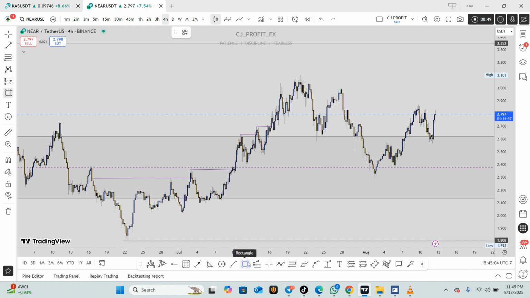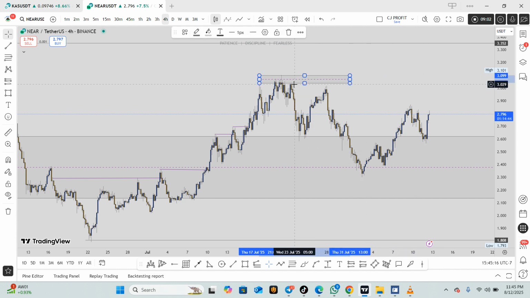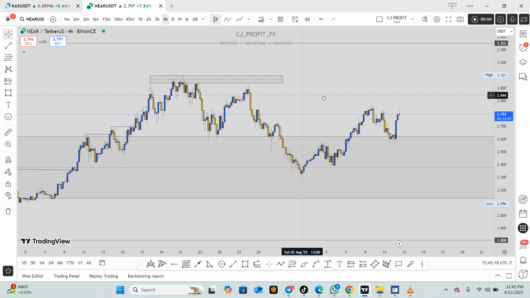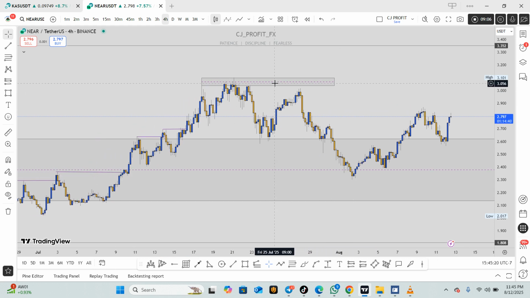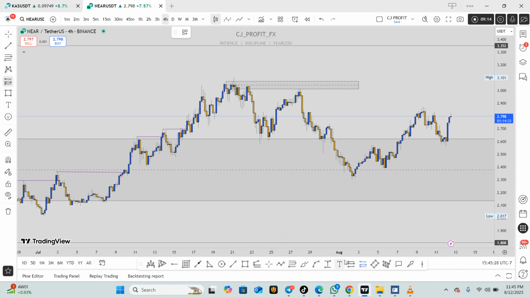The market created this area as a swing high in the 4 hour time frame. On our swing high, we have this area where the market mitigated, and then some traders took a short position from here.